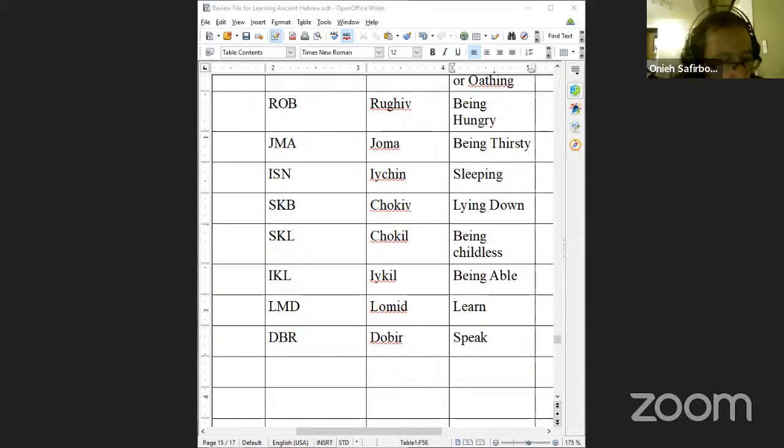There's not too many more. I don't really see any vocabulary on these pages. I mean, there's plenty of other verbs, obviously, in the Hebrew, but I'm just looking at the verbs they were providing as examples in this chapter of the grammar book, and I think I wrote down pretty much all of them.